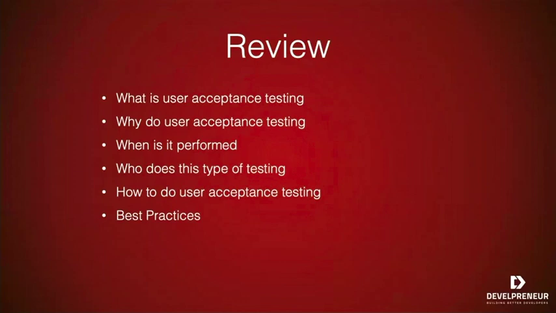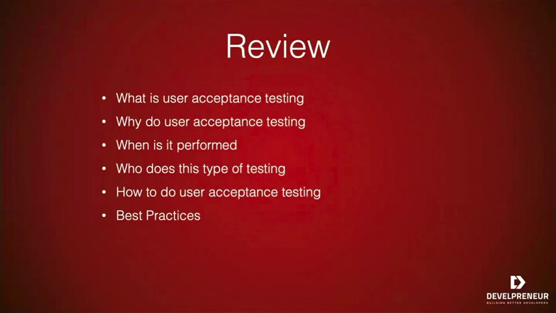We also looked at why we want to do user acceptance testing, and when it is performed, after systems testing and integration testing. And we looked at the different roles that do this type of testing, like the business programming manager, the UAT managers, and the UAT team leads and teams.